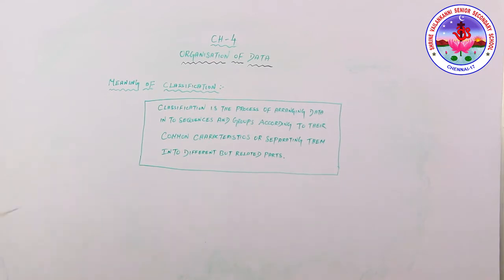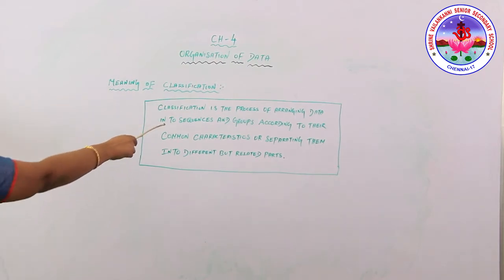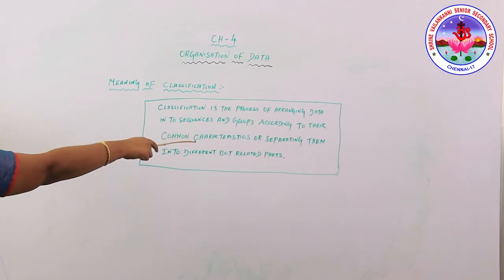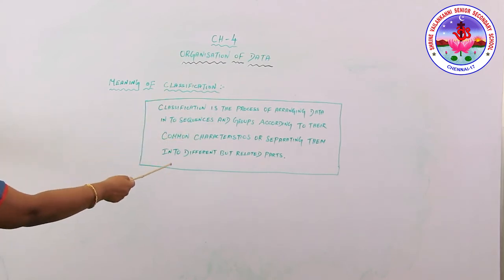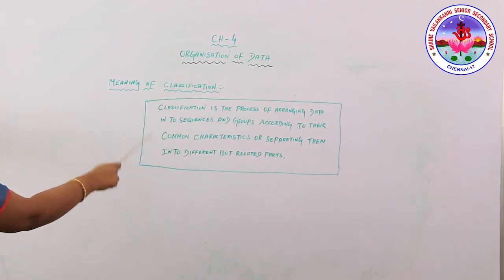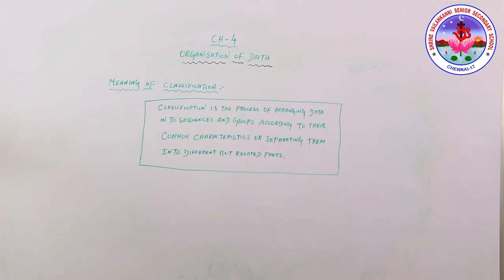In the previous chapter, on collection of data, we learned how to collect data through primary as well as secondary sources. Now, in classification, we arrange the data into sequences, then into groups according to common characteristics, and separate them into different but related parts. We call this the meaning of classification.